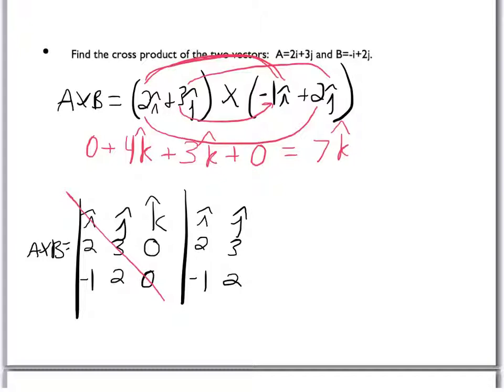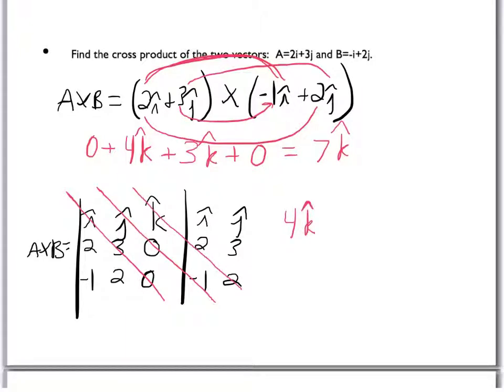I could write a 0 or I could just write nothing. The next thing on my list is going to be this diagonal, a J hat times a 0 times a -1. Again, just plain 0. And my next one is going to be a K hat times a 2 times a 2, or 4 K hat.